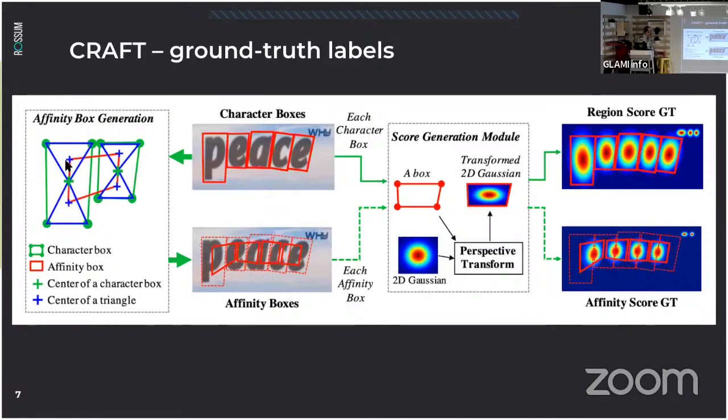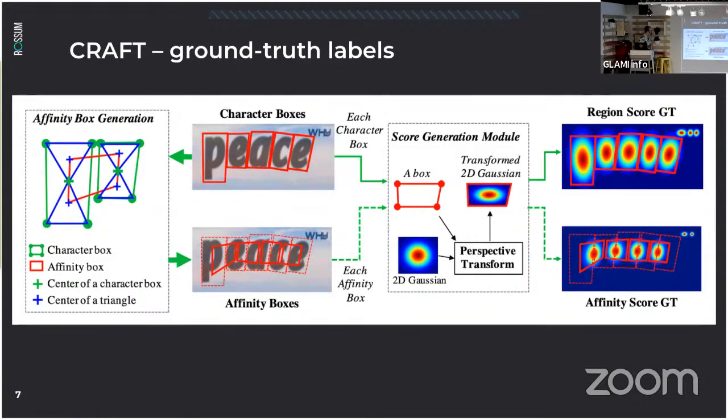They take the upper and lower triangle and do that for the 2 neighbors, and then they join the centers of those triangles to form another quadrangle. And the Gaussian inside this quadrangle represents the affinity, which is very nice.